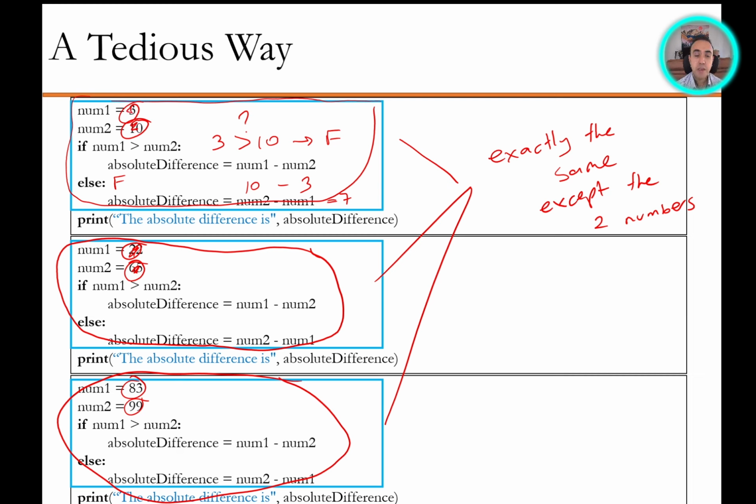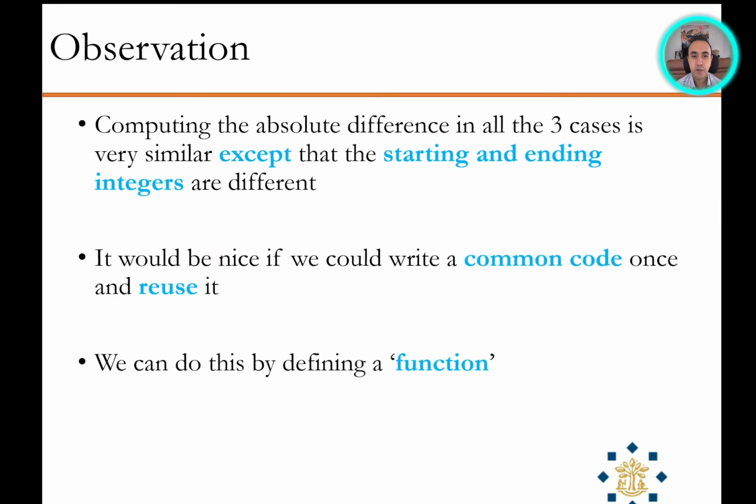So how shall we find a way to not repeatedly type the same code 3 times, but just write it once and then reuse it? So this is the idea of a function. The observation is that all the 3 cases are similar except the starting and ending integers. So it would be really nice if we just write a common code and then reuse it.